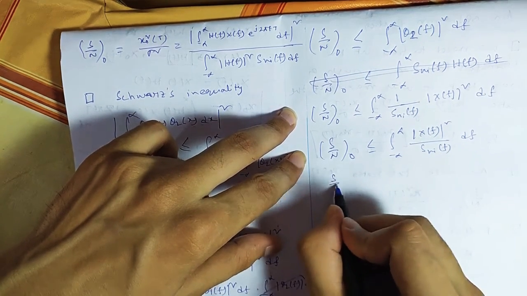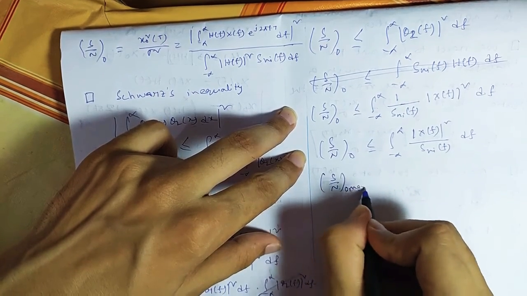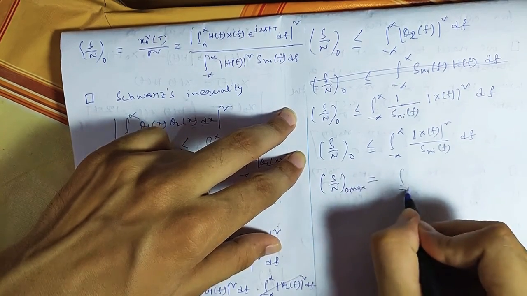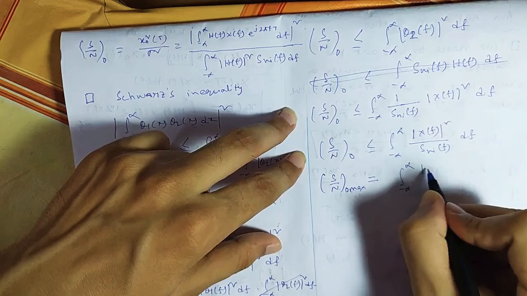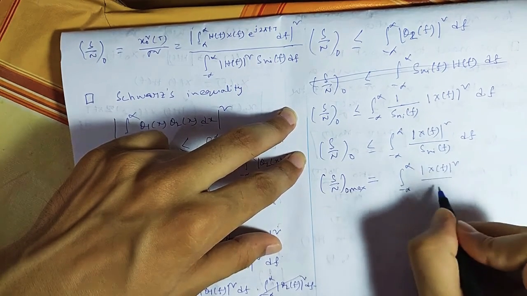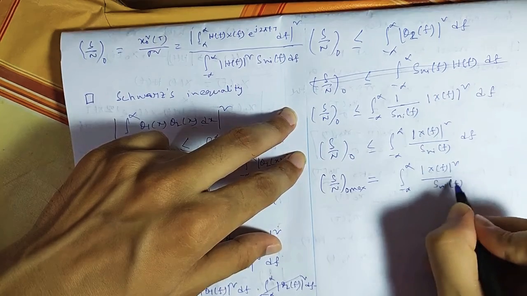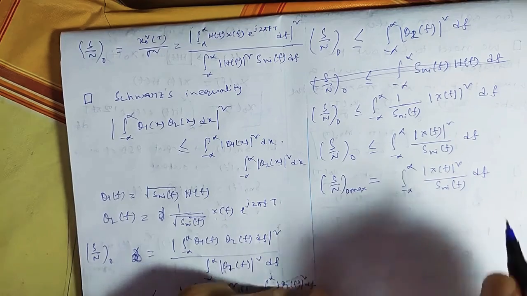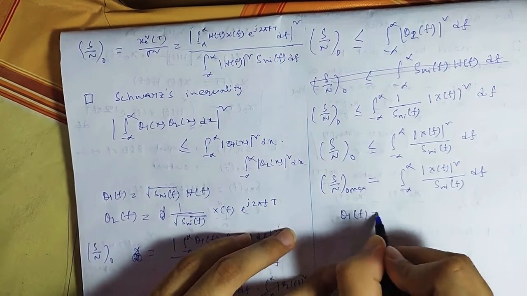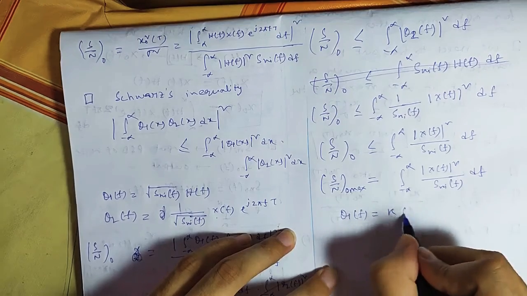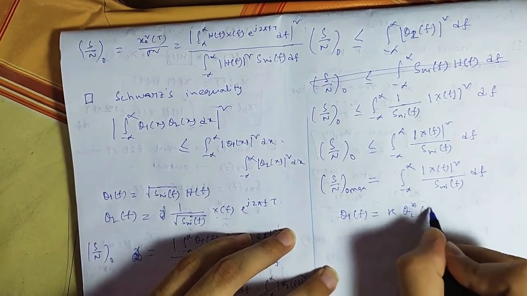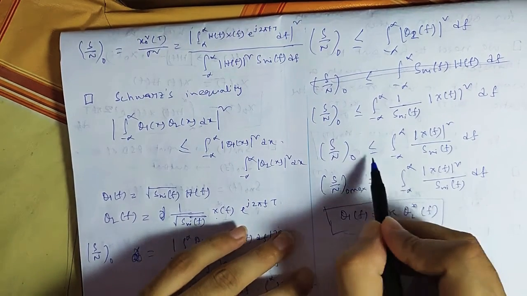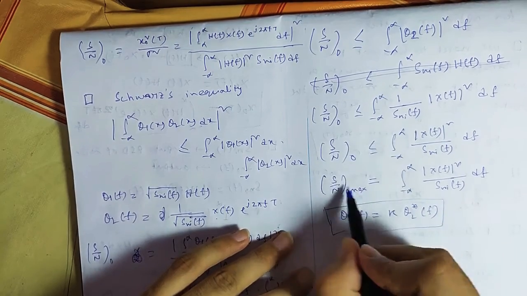So S/N at output max equals the integral from minus infinity to infinity of |X(f)|² by S_ni(f) df. Now this is only possible when theta 1(f) equals k times the conjugate of theta 2(f). So the inequality will become an equality, and that will be the maximum value.